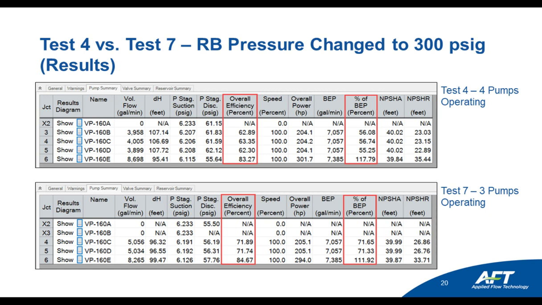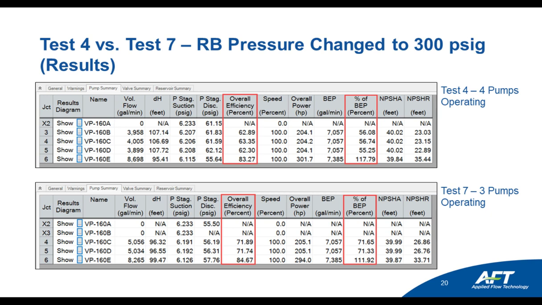We start off with 4 pumps operating. We're at 56% or so of the best efficiency point. By increasing the pressure, it increases massively up to 72%. Now, that's still not 80%, where we are on the lower end of the preferred operating range, but think about the previous scenario where all the valves were open for test 4.